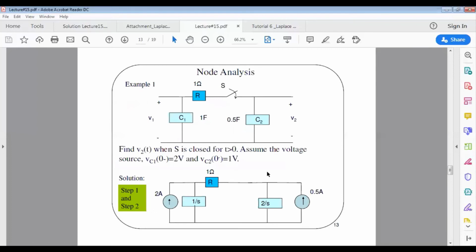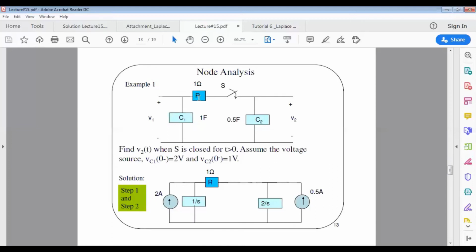All right, so let's have a look at the example of node analysis here. We have a problem with 2 capacitors, C1 and C2, 1 farad and 0.5 farad respectively. V1 is the voltage across the capacitor C1, and V2 is the voltage drop across the capacitor C2.